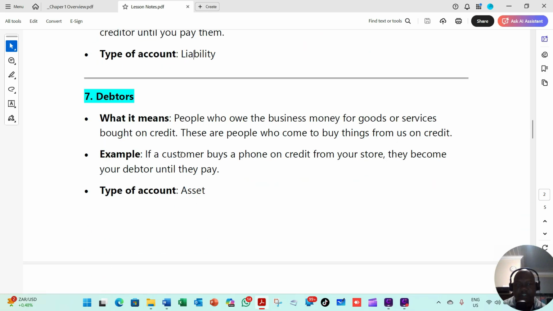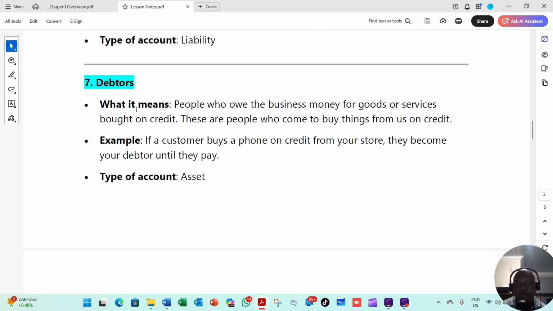And then we have debtors. Debtors are the people that owe us money. These ones owe us money, they have debt with us. For example, if a customer comes to our store and buys a phone on credit, not on cash, then they become our debtor.